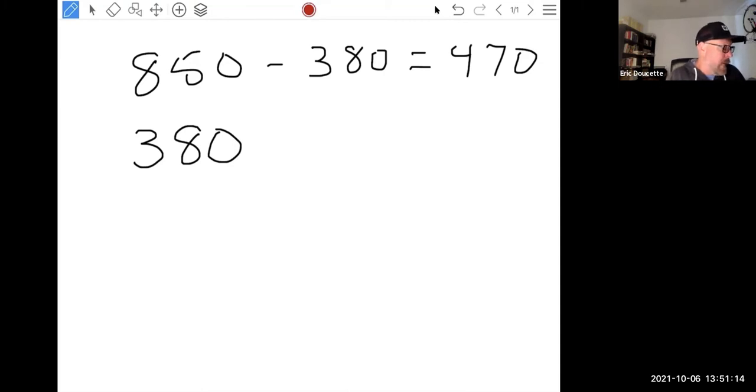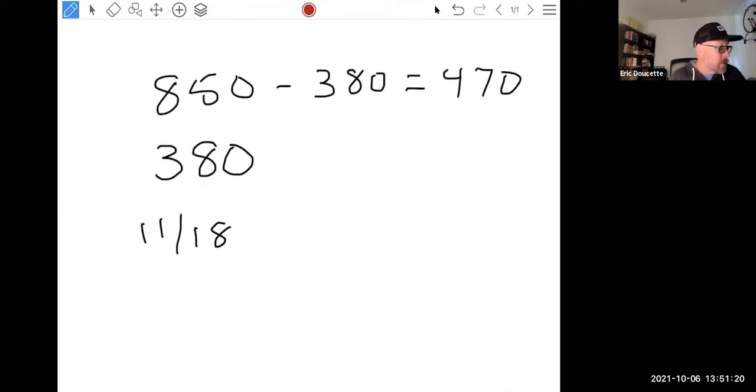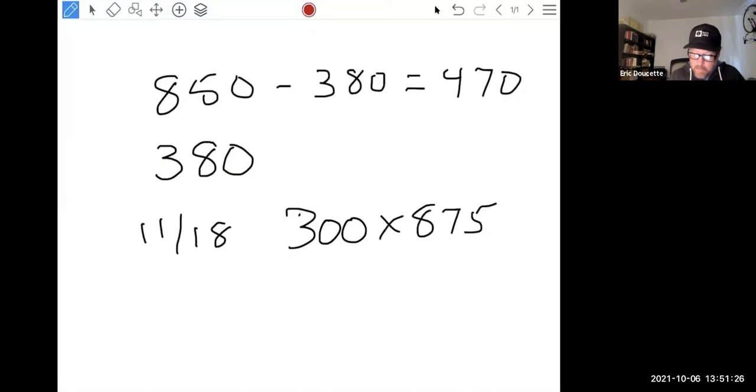So if I have 380 left, and on November 18th I had 300 units at $8.75, those 300 are still there. I didn't sell those. Those are the last ones I put in. Plus, there were also 80 from August 27th that were remaining.